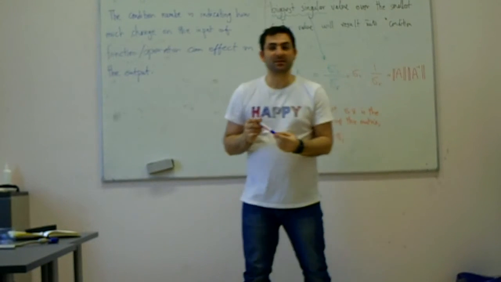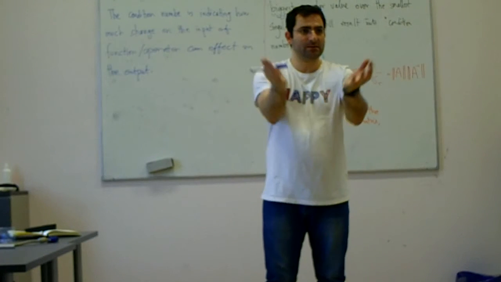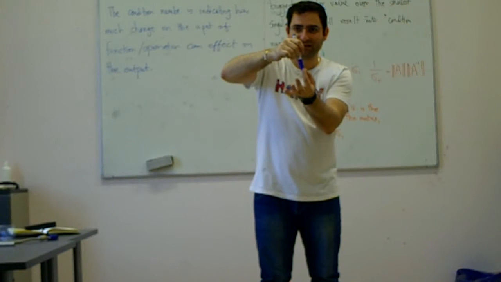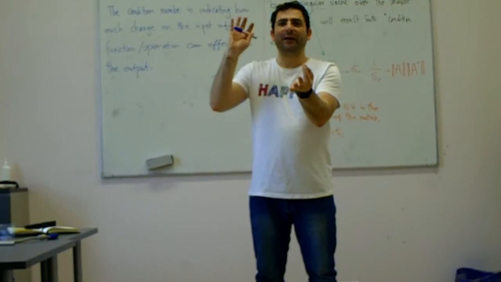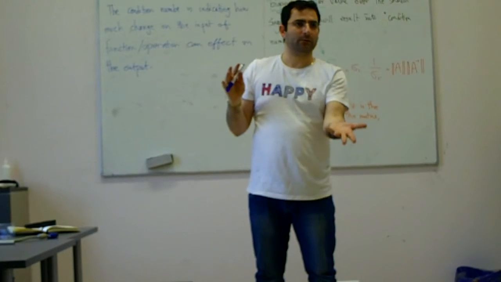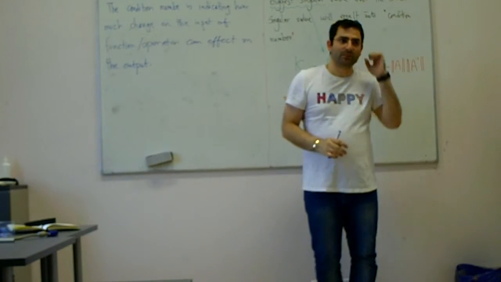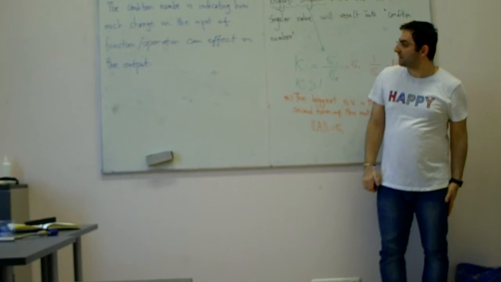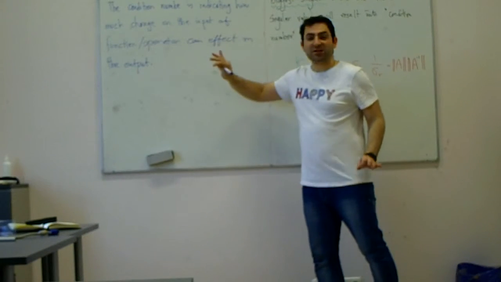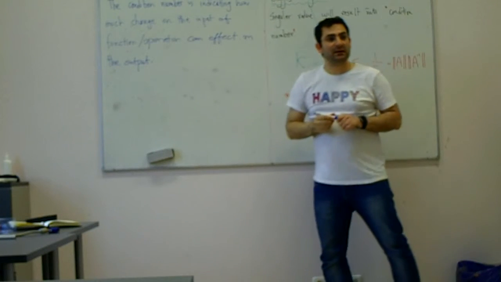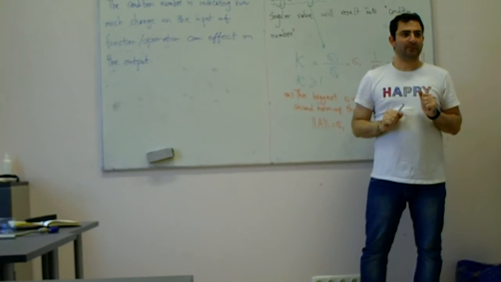And there exist some systems, like a pyramid which you put on its end. So if air blows, it will fall down. Right? So a very small change can make huge changes. So this condition number will tell us about this effect.